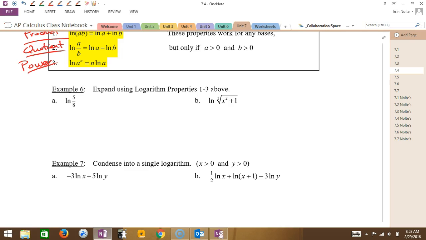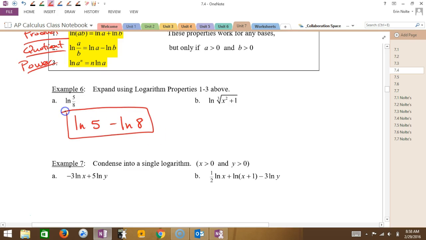Okay, so for a, if I have the natural log of 5 divided by a, what's the expanded form? Perfect. Minus the natural log of 8. Very simple. Okay, what about b? If I have a cube root, what's that the same as? What exponent? 1/3. So that's going to go in the front. Okay. So it's 1/3.